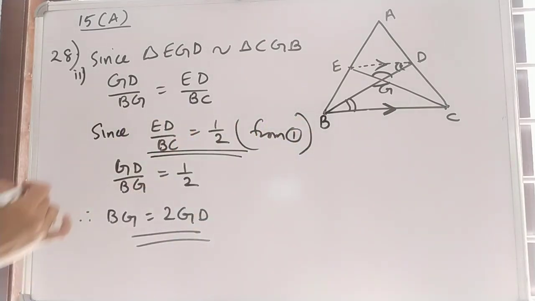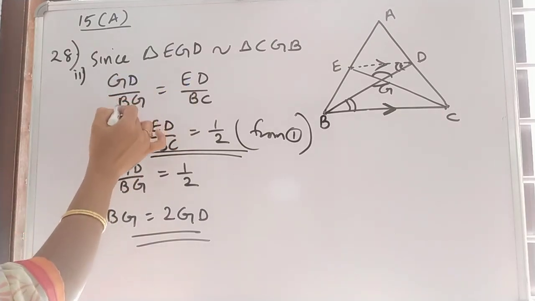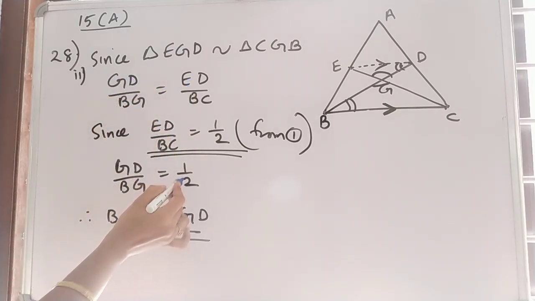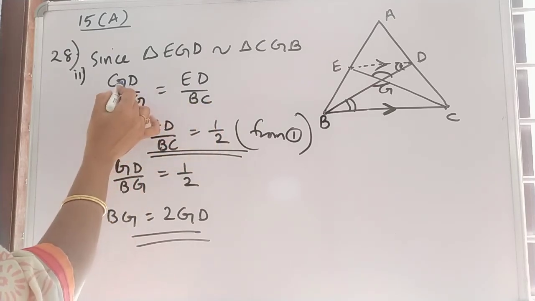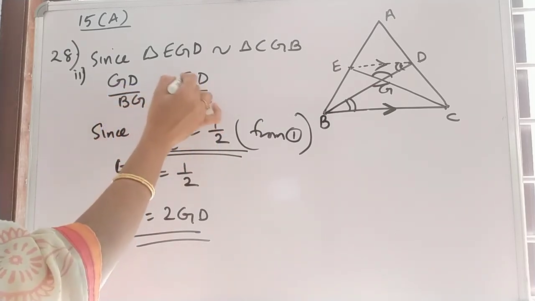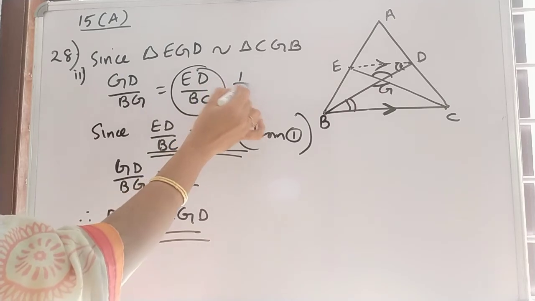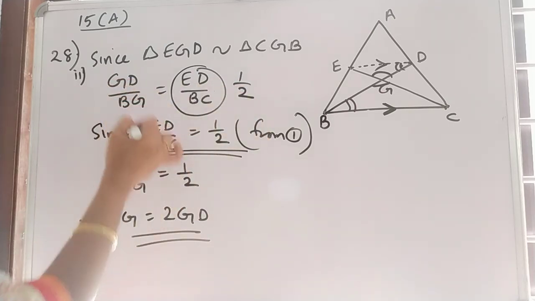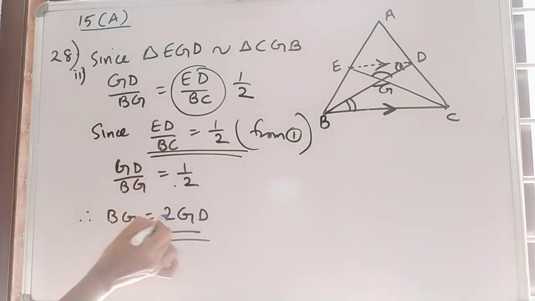So GD divided by BG is 1 by 2. Cross multiply, BG is equal to 2GD.